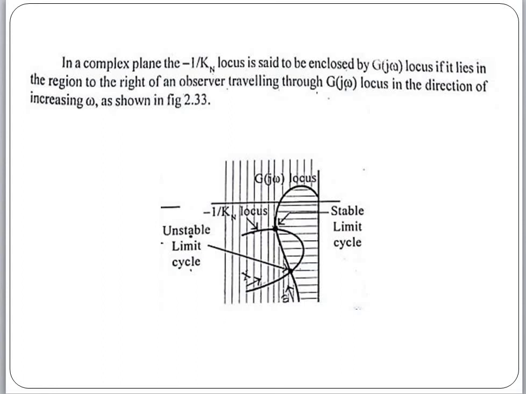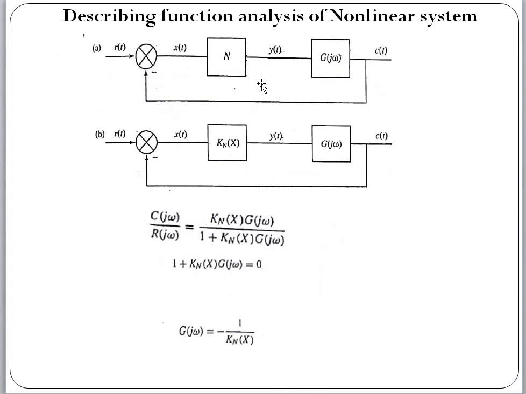So here we have analyzed the describing function. How can you analyze the stability using the describing function? For analyzing the stability, first we convert the nonlinear term into our describing function term. Then we find the transfer function and write the characteristic equation. From this characteristic equation we can write g of j omega equal to minus 1 by kn of x.